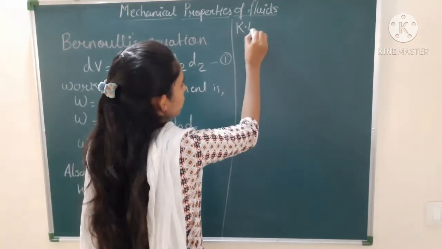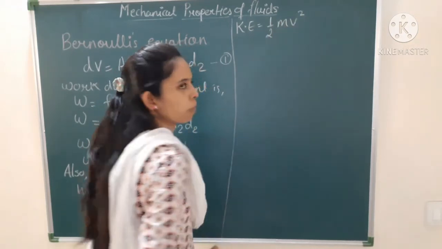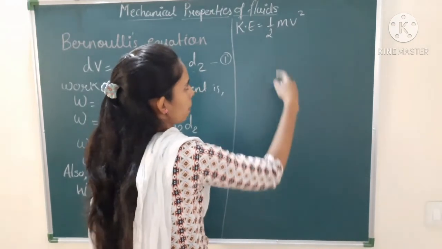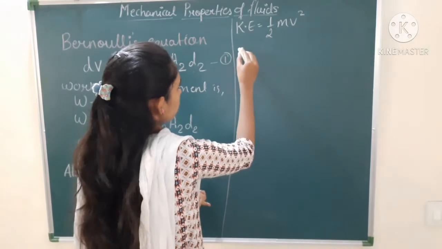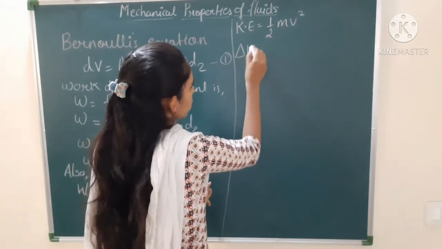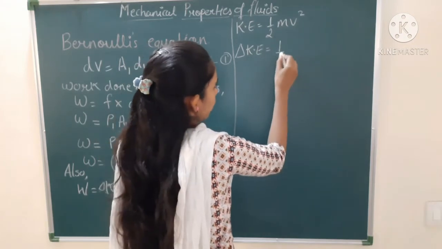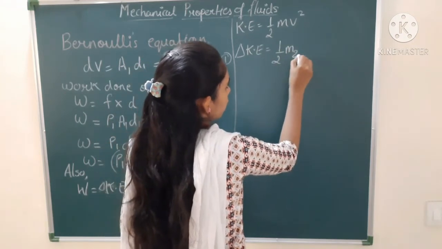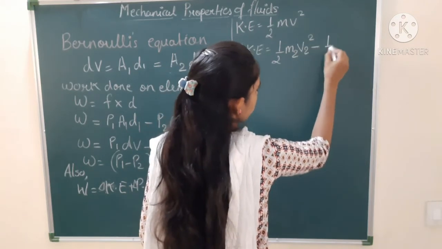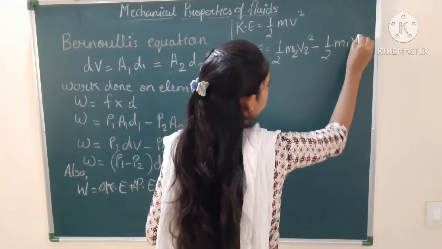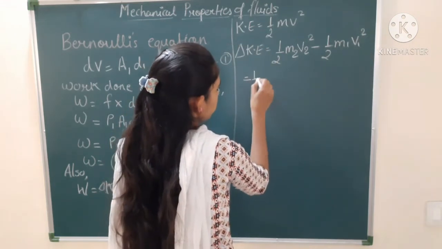The basic formula is half mv square. There are two sections, so the kinetic energy is going to vary because the height is also going to vary. So the change in kinetic energy is equal to half m2 v2 square minus half m1 v1 square, which is equal to half.